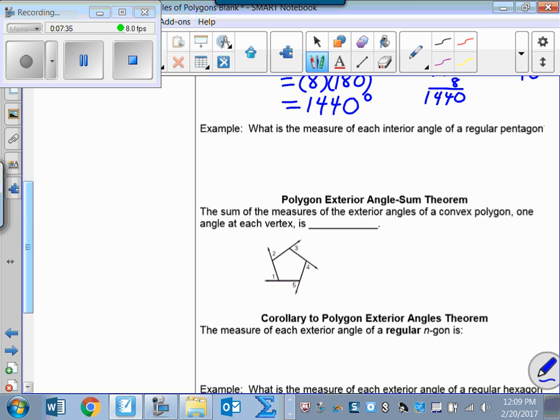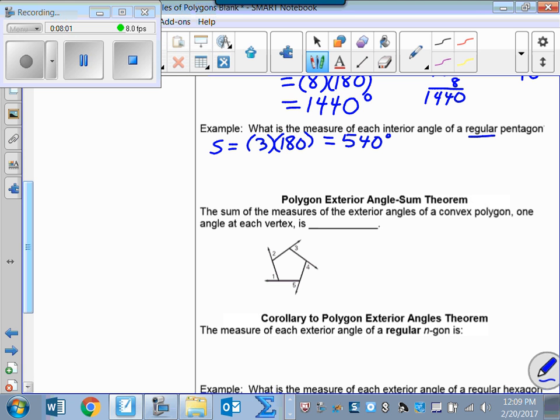Okay, how about this example? What is the measure of each interior angle of a regular pentagon? So first we want to find the sum, right? What is the sum of the interior angle measures of a regular pentagon? Well, it's going to be 5 minus 2, so 3 times 180, which is going to give us 540 degrees, and we want to know what each angle measures.